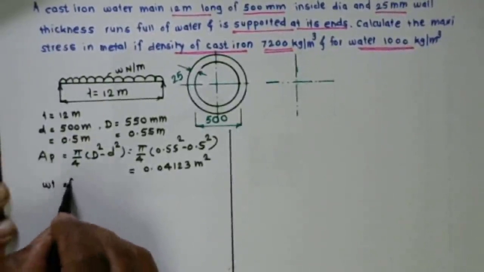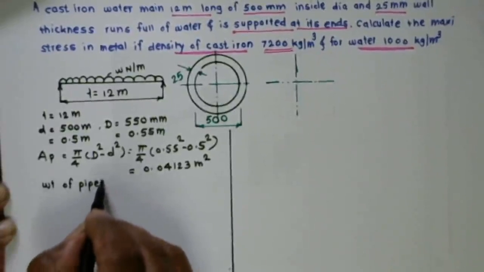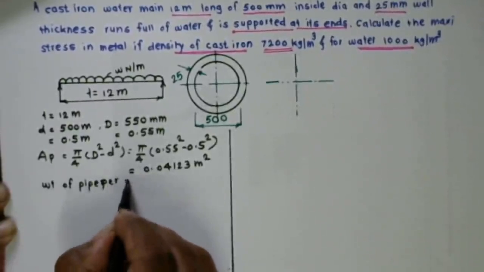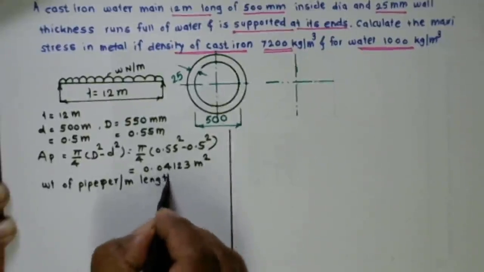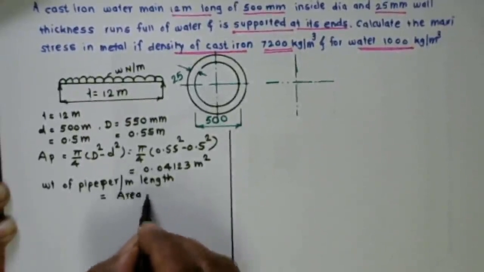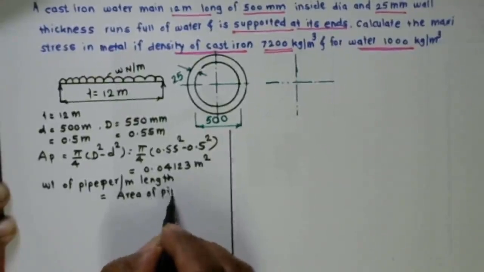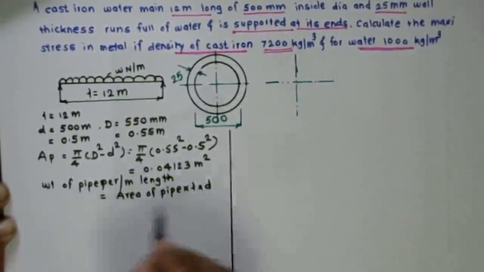Area of pipe is known, so we can calculate the weight of pipe per meter length. Weight means area of pipe into length into density.